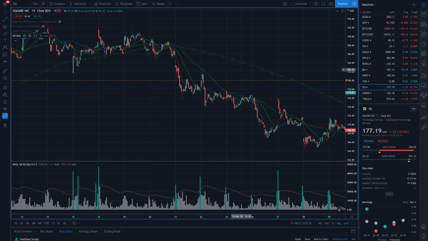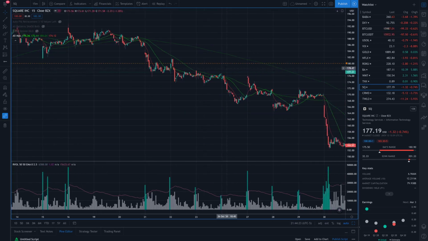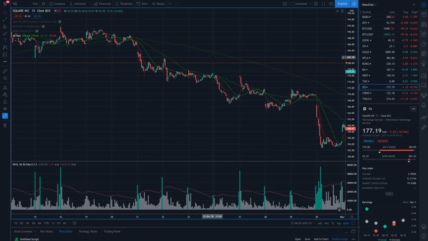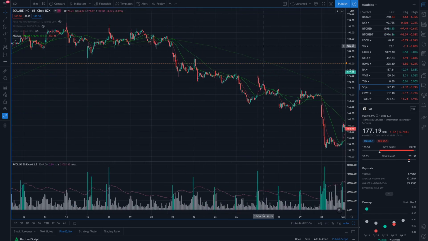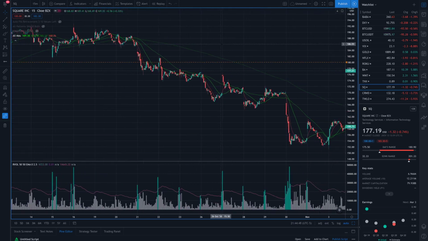It's the average price that the stock has moved over a certain number of days. The 20-day is how the stock moved on average over the past 20 days, the 50-day over the past 50 days, and the 200 over the past 200 days. Using them in unison can give you data about what the overall price movement is.